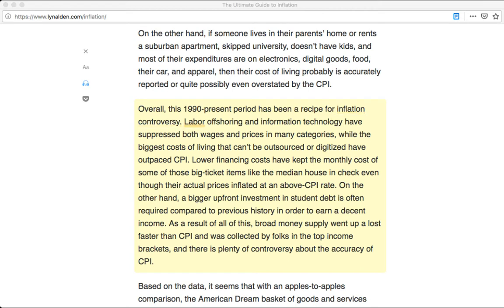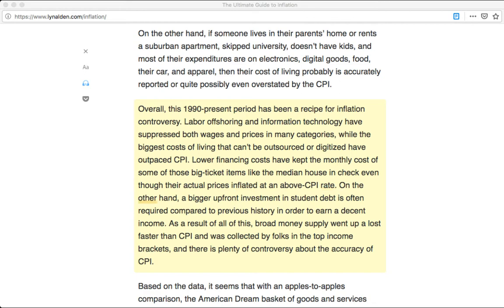Labor offshoring and information technology have suppressed both wages and prices in many categories, while the biggest costs of living that can't be outsourced or digitized have outpaced CPI. Lower financing costs have kept the monthly cost of some of those big-ticket items like the median house in check even though their actual price is inflated at an above CPI rate.